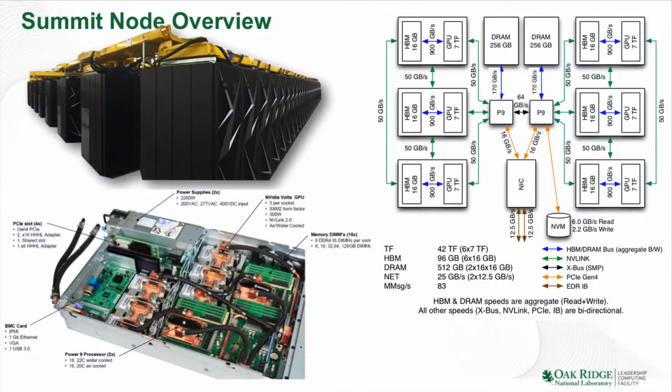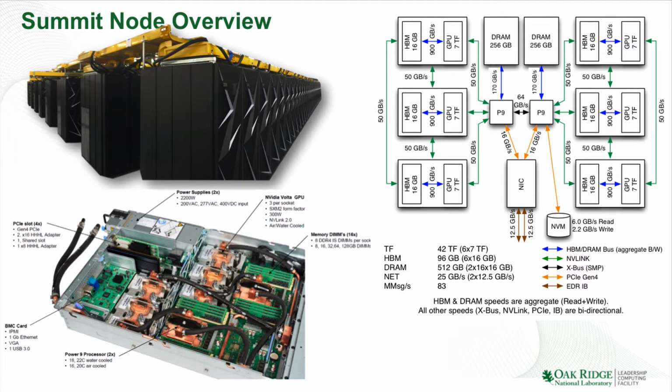So if I look at the Summit architecture compared to the Titan architecture, as I mentioned, we have 2 P9s sitting here. They're connected by a 64 gigabyte per second bus. They each have 256 gigs of DRAM sitting off with bandwidth of 170 gigabytes per second. And they each have 3 GPUs sitting off of them, connected to the P9 with 50 gigabytes per second into each GPU, and each GPU is connected to each other with bandwidth of 50 gigabytes per second.